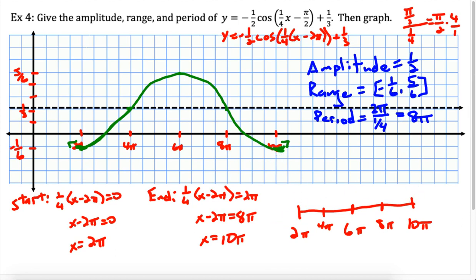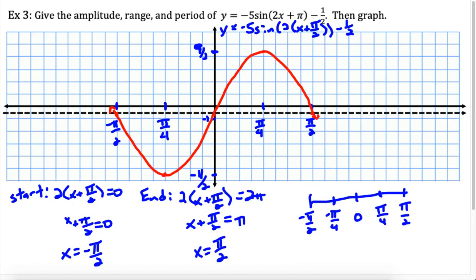So let's go back and do that for the third example as well. My amplitude here would be 5, the distance from the midline to the min and the max. The range is going to be -11/2 to 9/2.